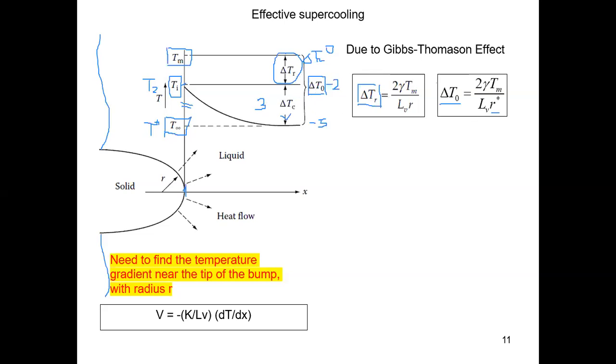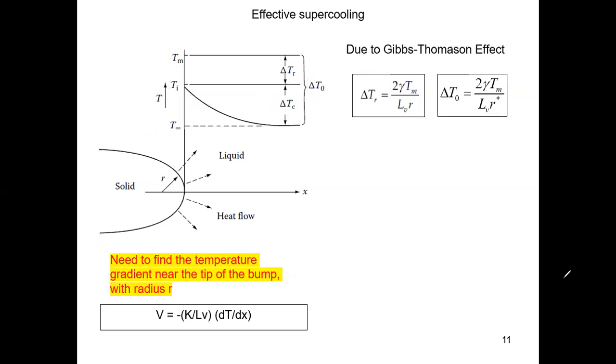Okay, so with that, we can easily move on to compute what is delta R. If we combine these together, we want to get rid of these material specific quantities like gamma and LV.